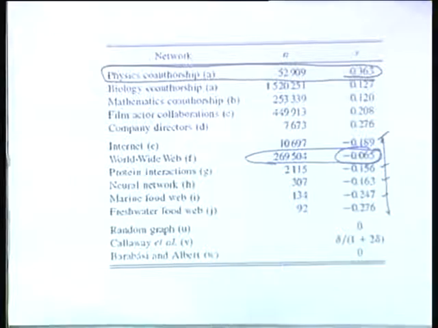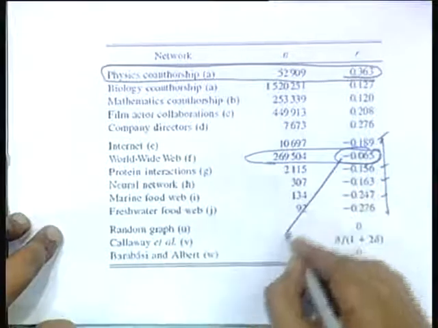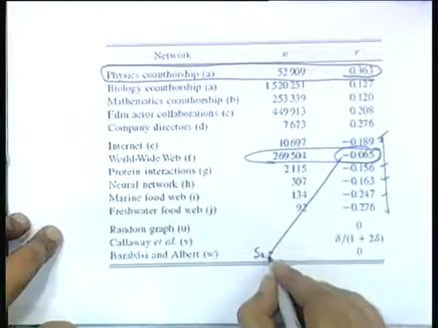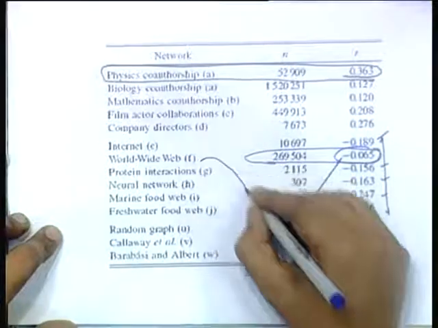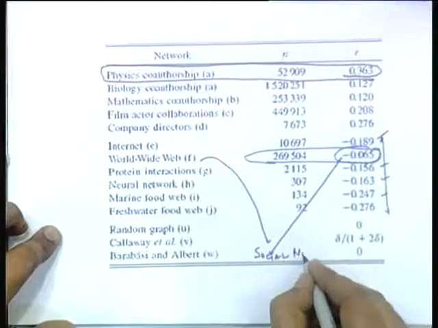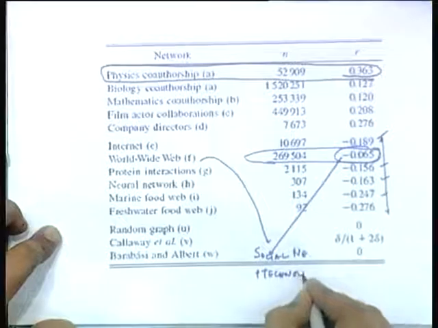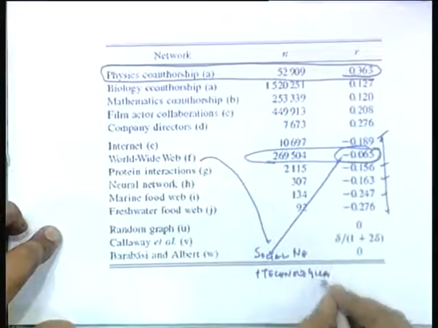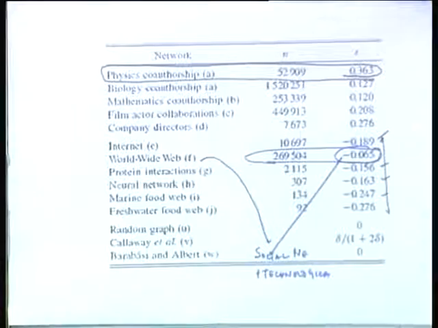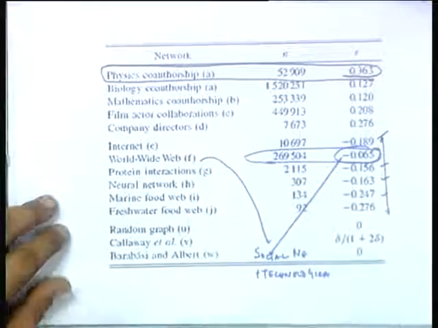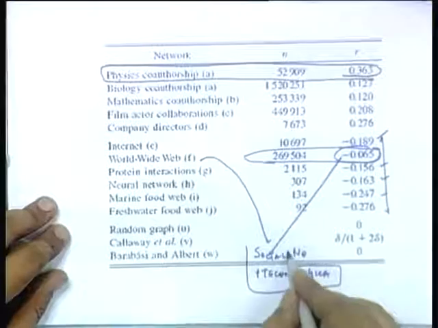There is nothing random about it. The World Wide Web is basically a combination of social and technological networks. So the technological component is pushing it towards negative, while the social component is pushing it towards positive. It is a very interesting study.